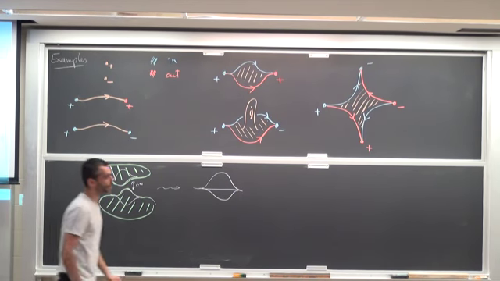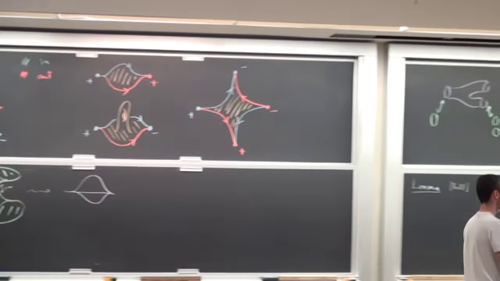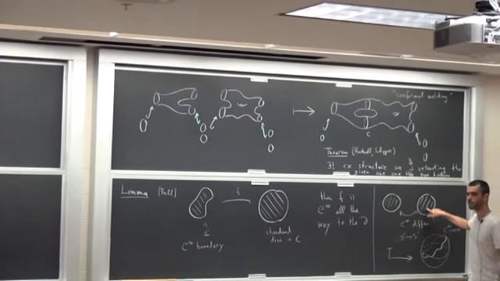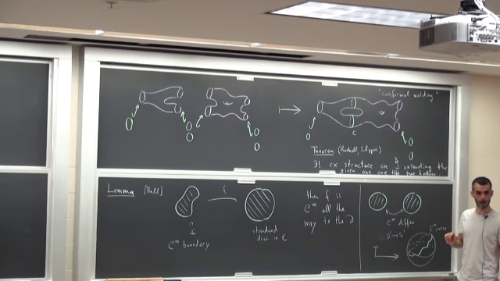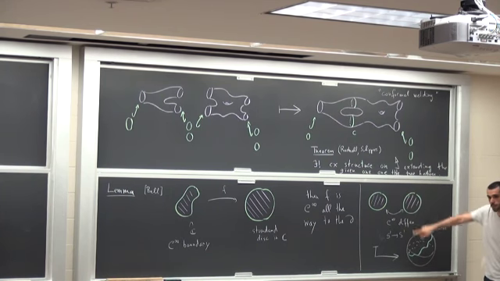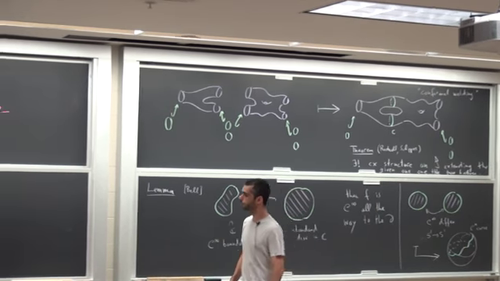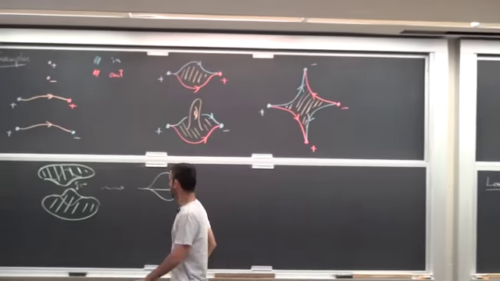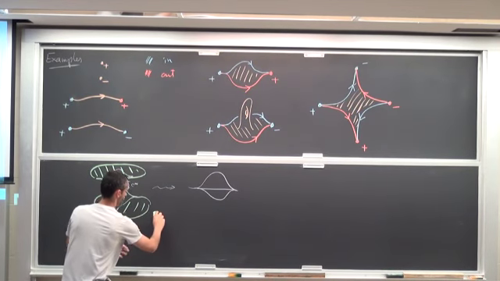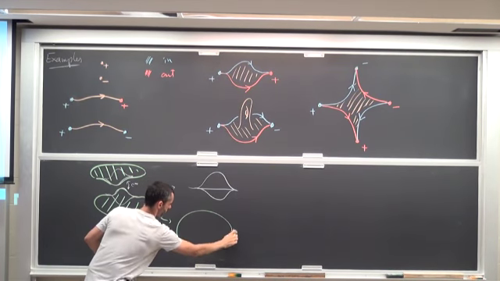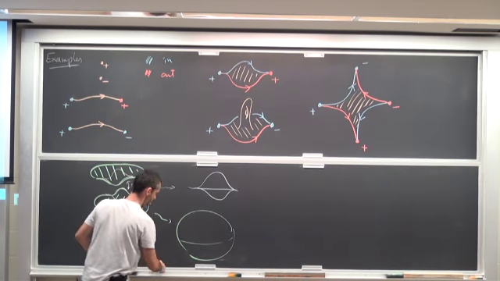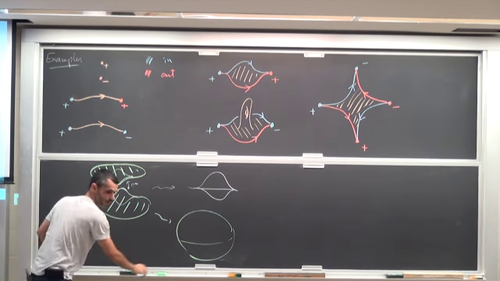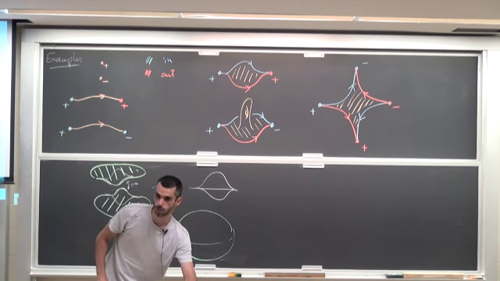So now I'm in exactly that situation. I have two disks and a C-infinity diffeomorphism between their boundaries. So I can use that construction, and I know that I get a picture which is drawn on the Riemann sphere. If you glue these two disks, what you see is a Riemann sphere with the following picture drawn in it.